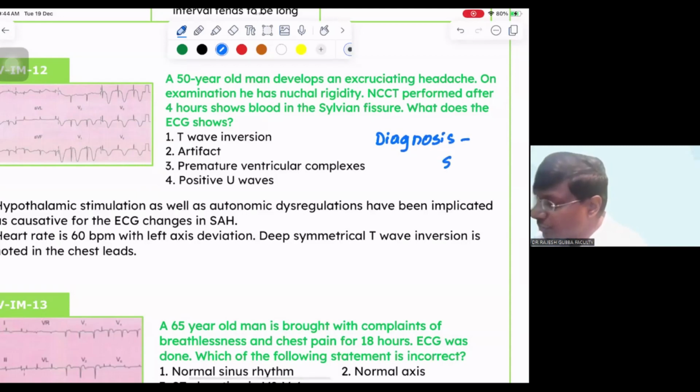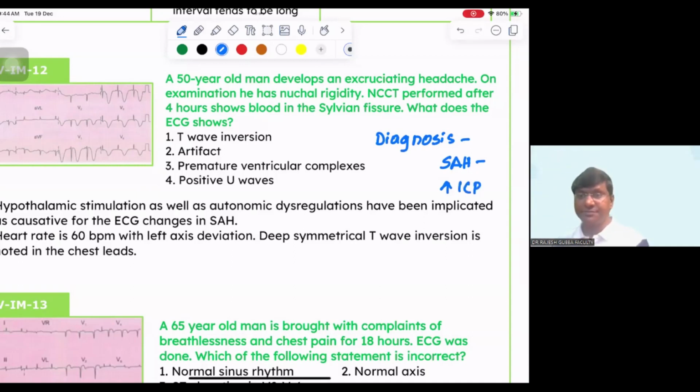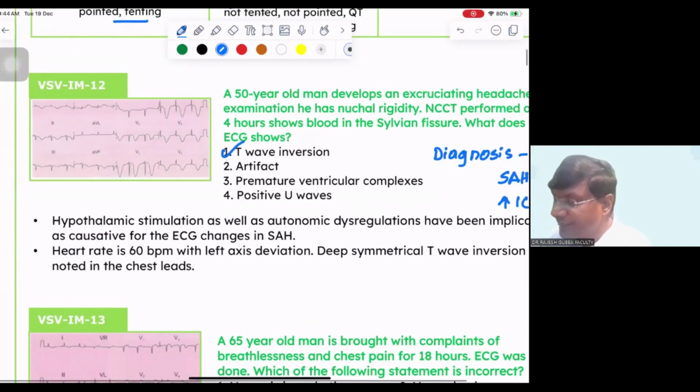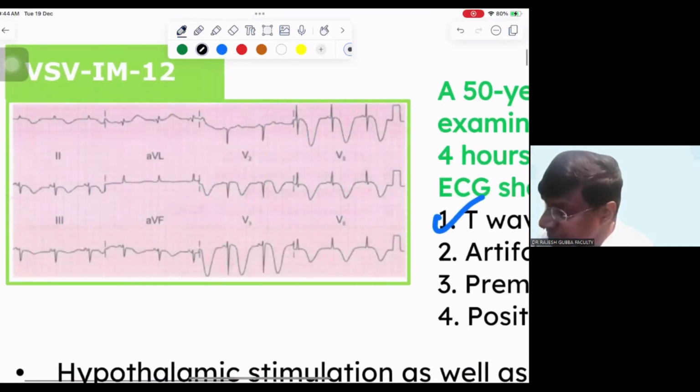So the diagnosis is suggestive of subarachnoid hemorrhage. Whenever there is subarachnoid hemorrhage, there will be raised intracranial pressure. And whenever there is raised intracranial pressure, you have ECG changes as T wave inversion, and that too, global T wave inversion.